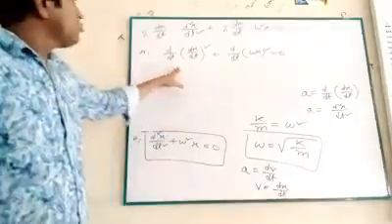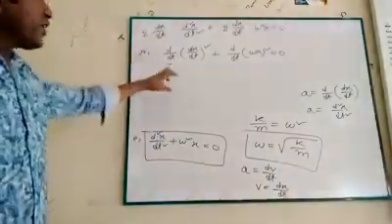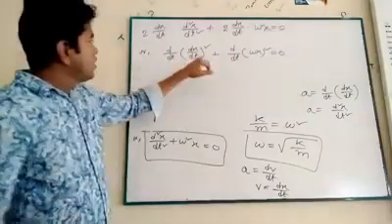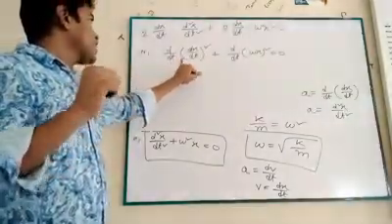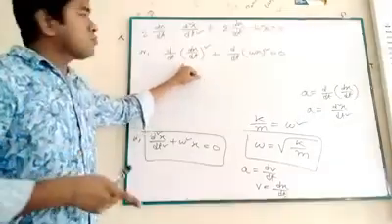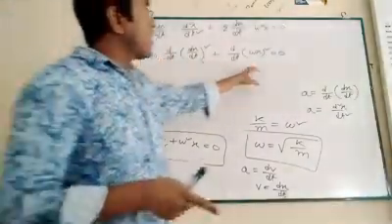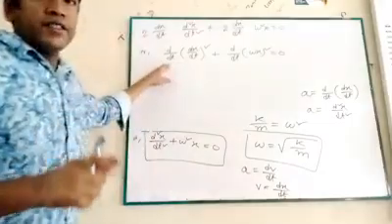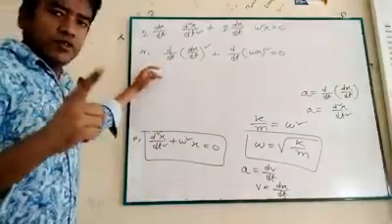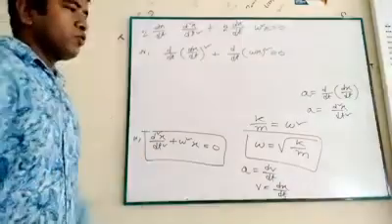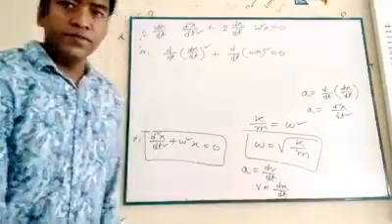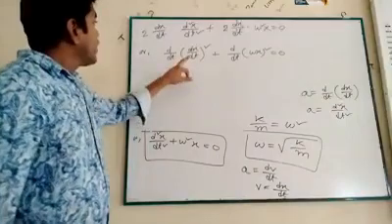It may be difficult for you, but it's not difficult. It's very simple. If you want to understand this line, you have to understand differential equations, that means differentiation. You have to know the rules of differentiation.